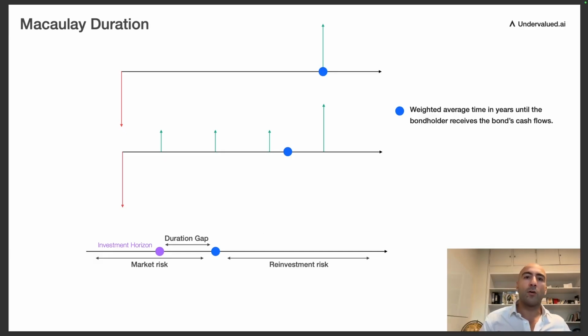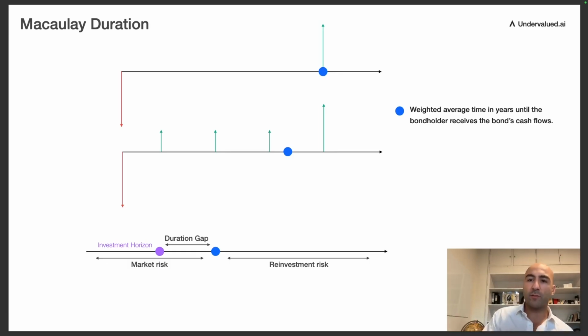Now, why is it interesting? Because if your horizon, like how long you want to hold this investment, let's say the Macaulay duration is 7 years, and you want to hold this investment for 6 years, your horizon is 6 years. So if it's before, because you didn't reach the break-even point, you have not earned back your initial investment through those coupons and reinvestments.